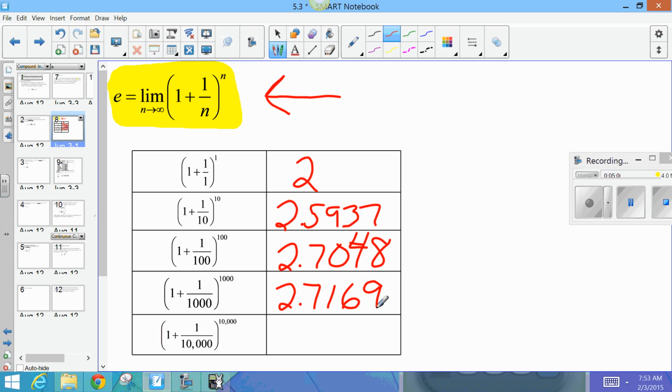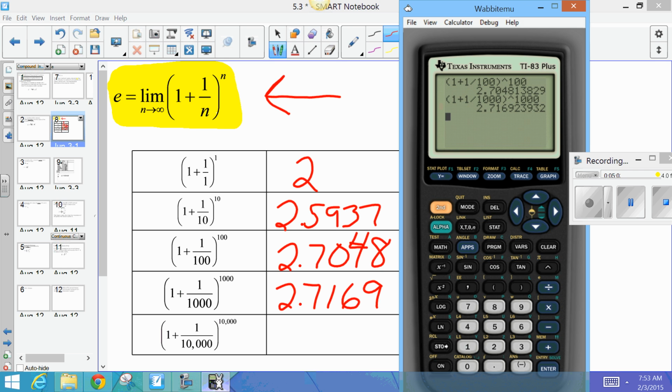Okay, one more. 1 plus 1 over 10,000, to the power of 10,000. I get 2.7181.